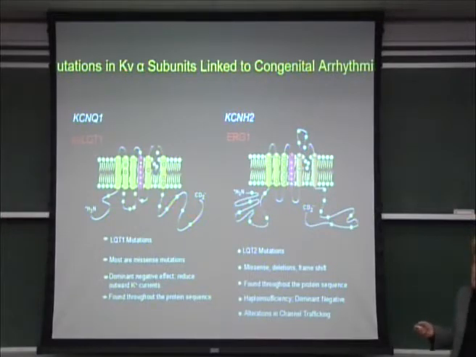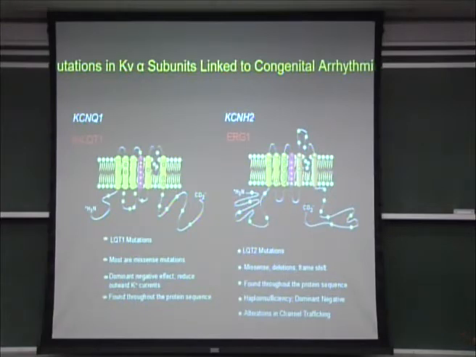And most of them are dominant negative effects resulting in reduced expression or lack of expression of functional channels at the cell surface. The others are mutations in the ERG1 or the KCNH2 locus, and these are linked to long QT2. And importantly, these mutations are also found throughout the protein sequence.